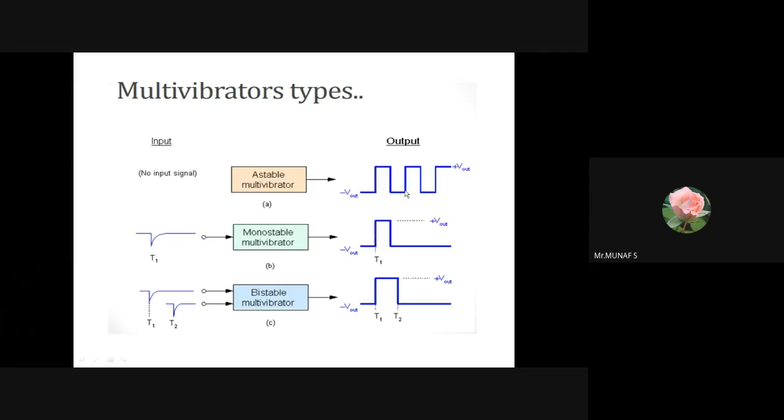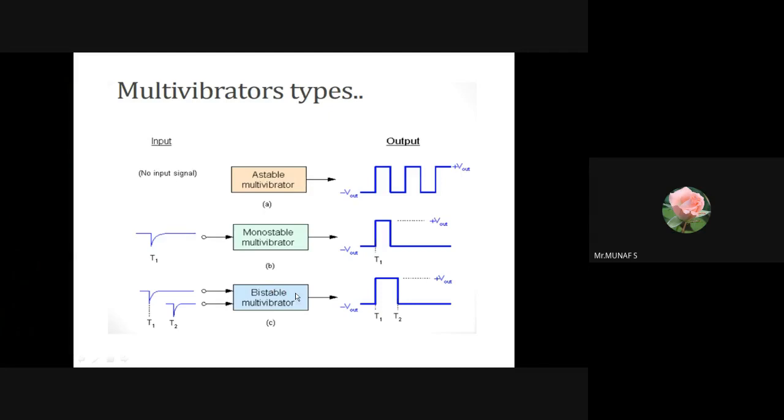For the monostable multivibrator, it requires one trigger pulse, a negative going trigger pulse, applied as an input. While the negative going trigger pulse is applied, the output changes from low to high. When the duration of the trigger pulse is completed, the state changes from high to low.